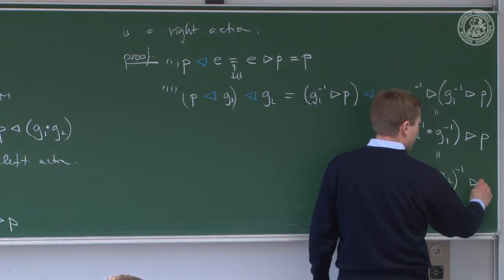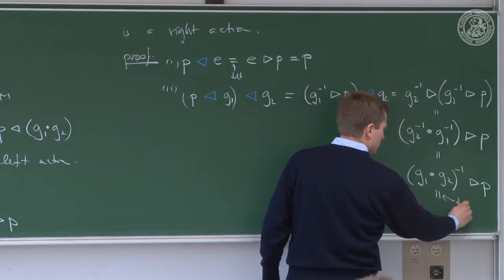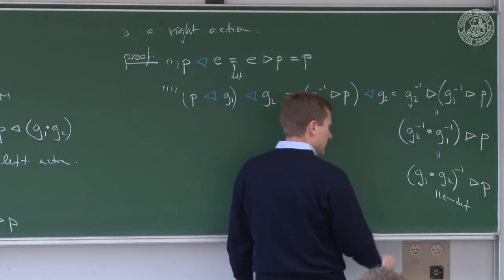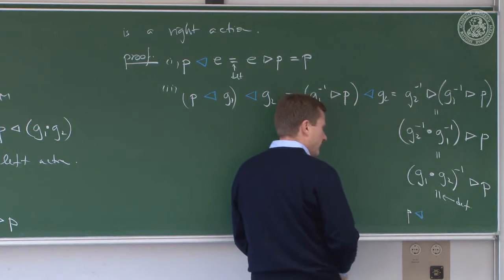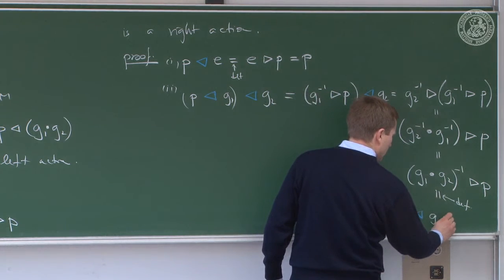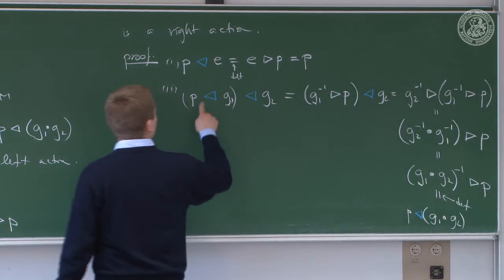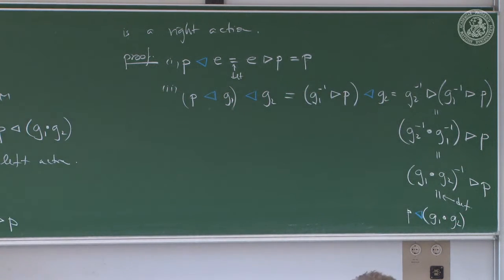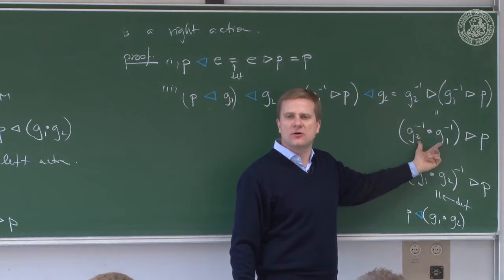And that acts from the left on P. But this, again, by definition of the right translation, is the P on which we have acting from the right G1 blob G2. And this is precisely what we required. And you see that the inverse is important to flip here the order.